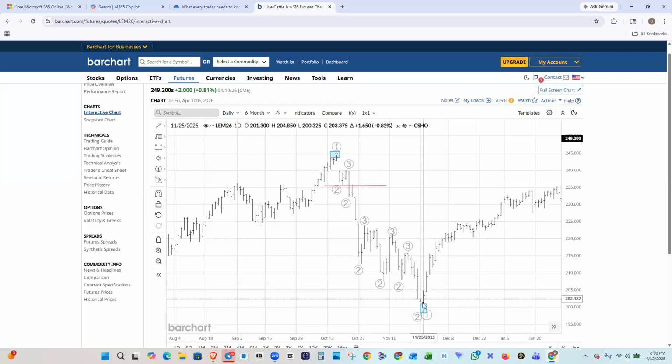Until, wait a minute, let's go back to the number 2. The next number 2. That one right there. No, the one to the left. Scroll up to where the line is. And stop. All right.